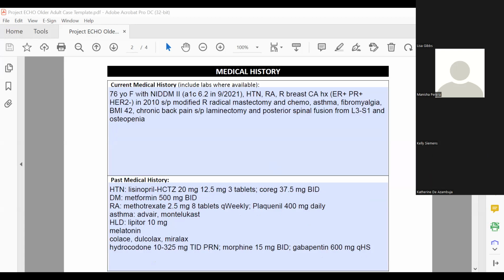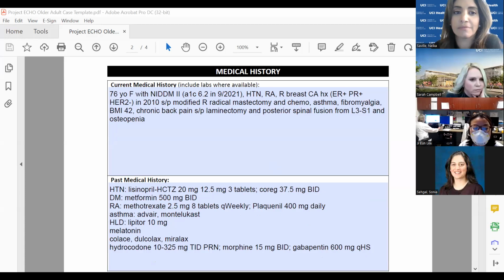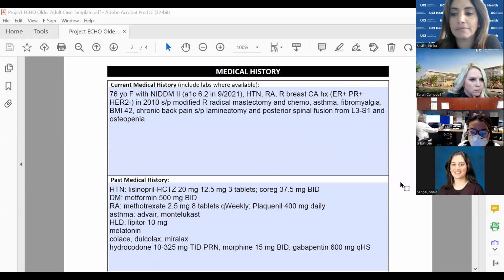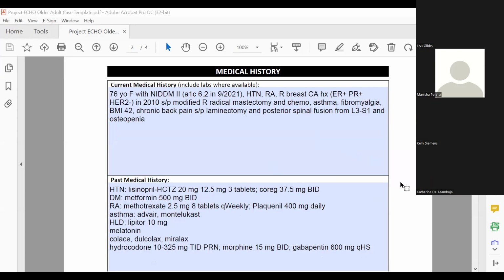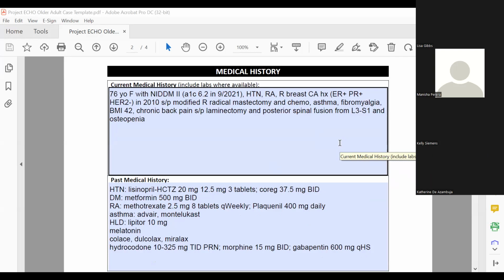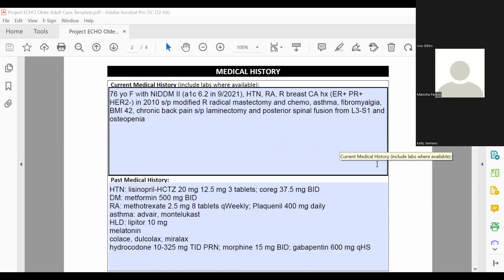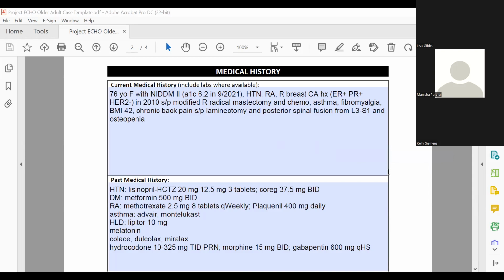This is a 76-year-old female with past medical history of NIDDM with well-controlled A1C, hypertension that is poorly controlled, rheumatoid arthritis, right breast cancer history that is ER/PR positive and HER2 negative, that was treated back in 2010 and status post right radical mastectomy and chemo.